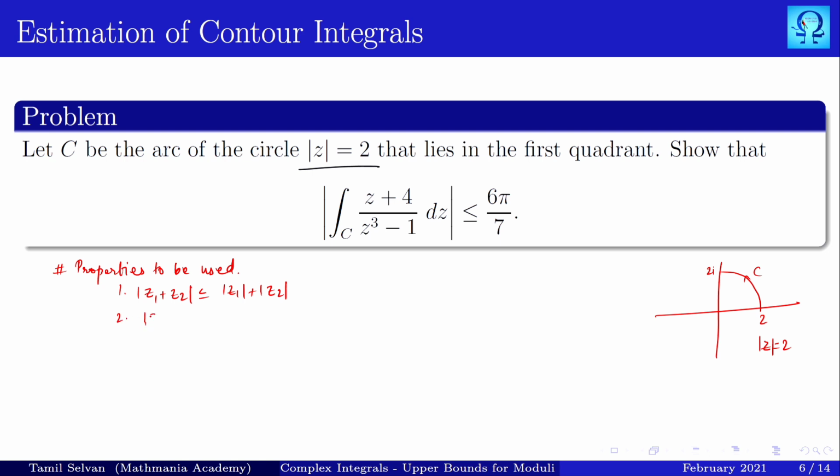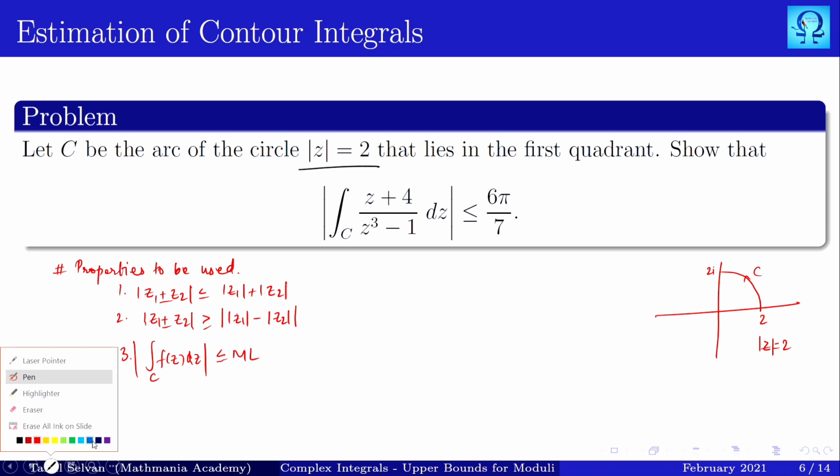The second one is absolute of z1 plus or minus z2 is bigger than or equal to absolute of z1 minus absolute of z2. And the third one is the ML Inequality Theorem. So these are the things that we will make use of in this problem.